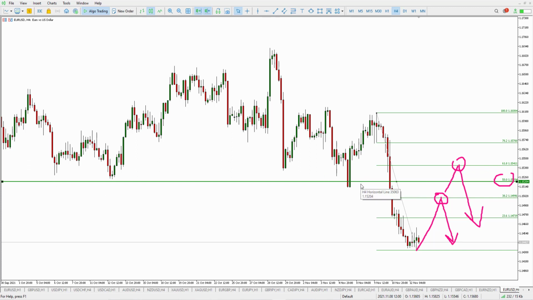So combining the Fibonacci tool in general with other types of analysis such as support and resistance, candlestick patterns, trend trading, that's how you really increase your chance of winning in the market.